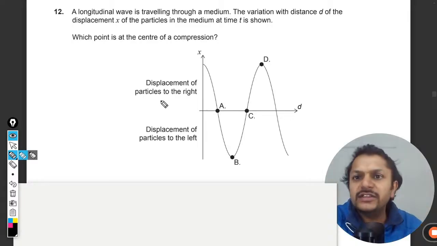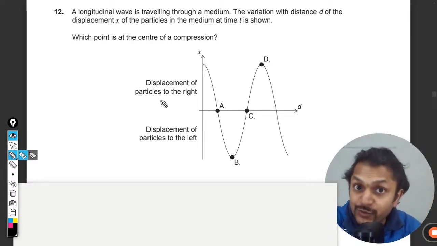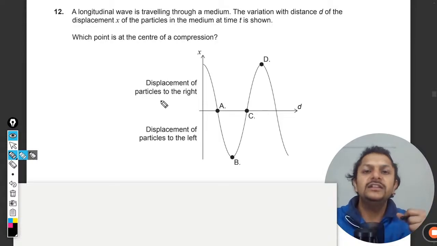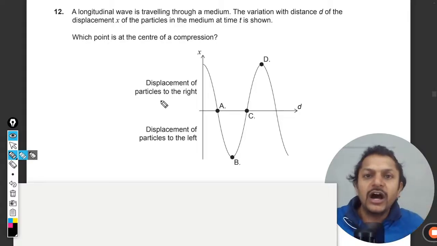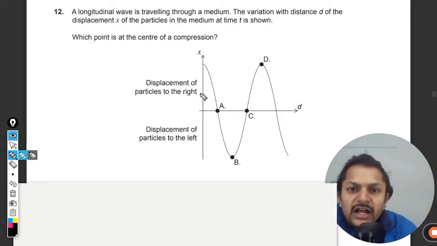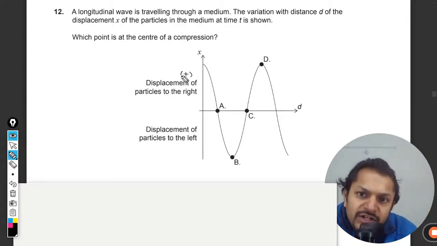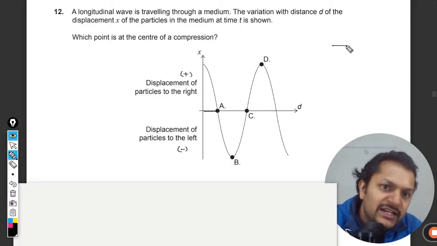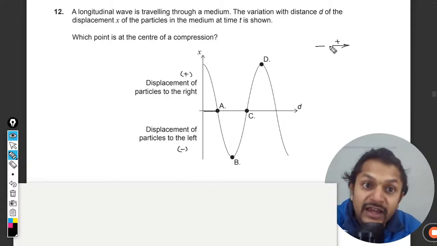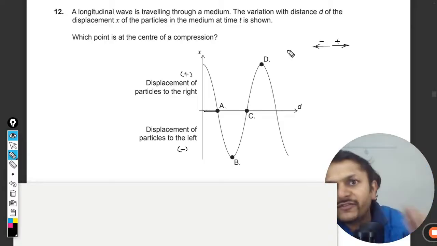So try to understand, this is a longitudinal wave, not a transverse wave, and how to read the graph which looks like a transverse wave but belongs to a longitudinal wave. How do we see that? Now, this displacement is positive and this displacement is negative. So all the points before this have a positive displacement. Let us say that the positive displacement is towards the right hand side, negative displacement is towards the left hand side.